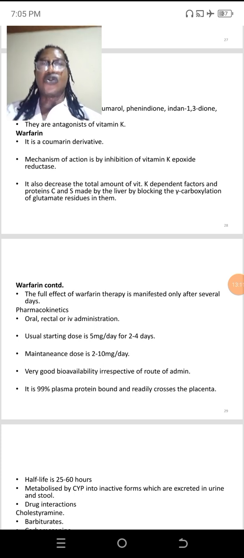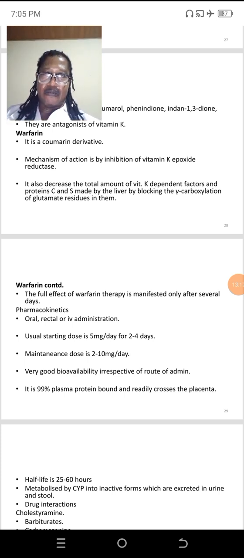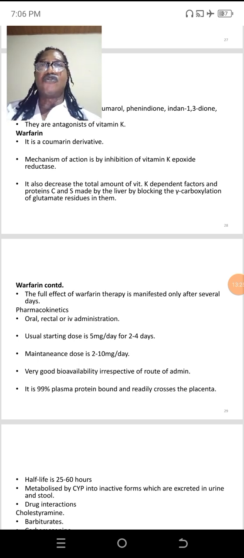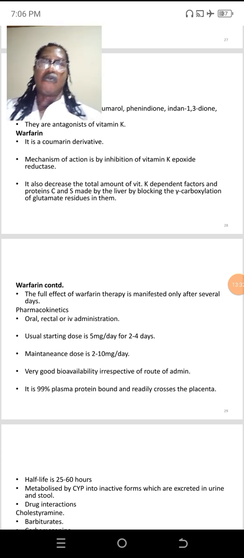Its effect is only on the coagulation factors that are just being formed. So, because of this, the coagulation factors that have already been formed have to be completely degraded before the effect of warfarin administration will manifest.